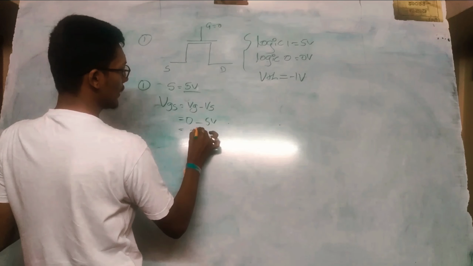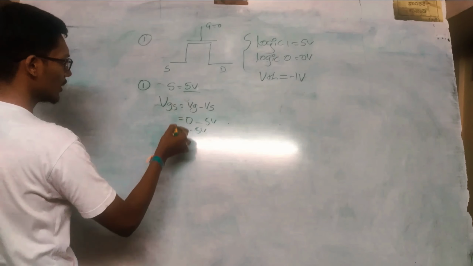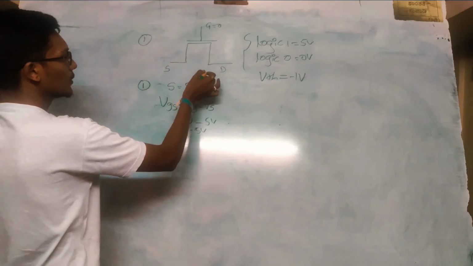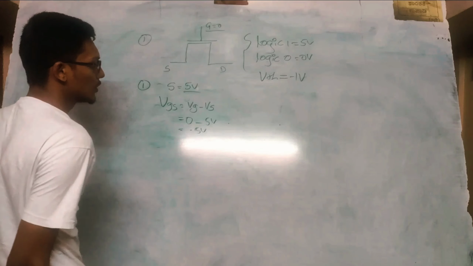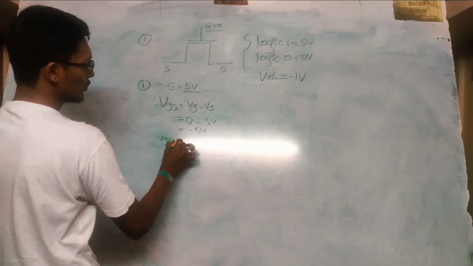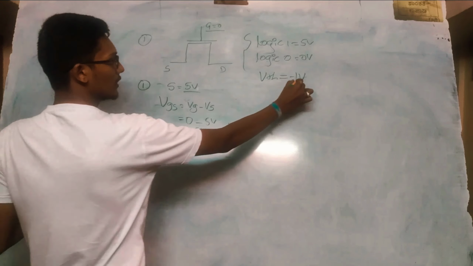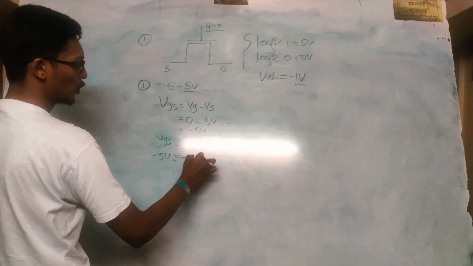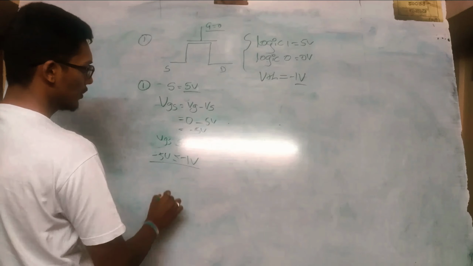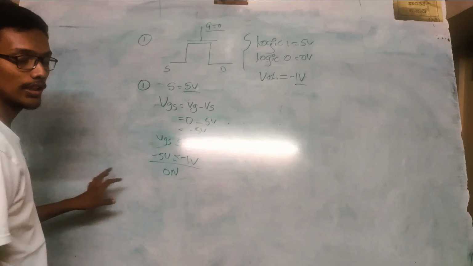So this is minus 5 volts. What's the condition to keep the PMOS on? One is gate voltage should be 0, another is VGS should be less than or equal to VTH. VGS, which we calculated as minus 5 volts, is less than or equal to VTH, which is minus 1 volt. This condition is satisfied, so my PMOS is in on state.